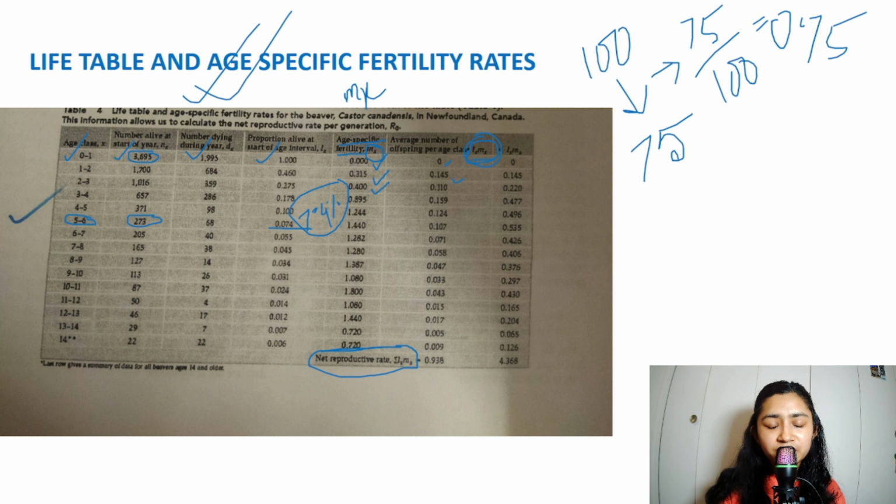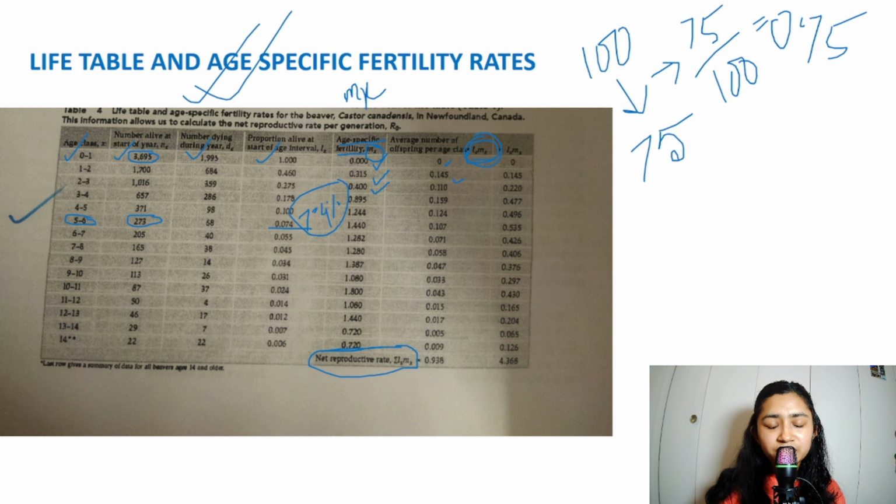LX is the age specific survivorship, and mx is the age specific fertility. If you multiply them and add them up across all ages, you get the net reproductive rate of a population.